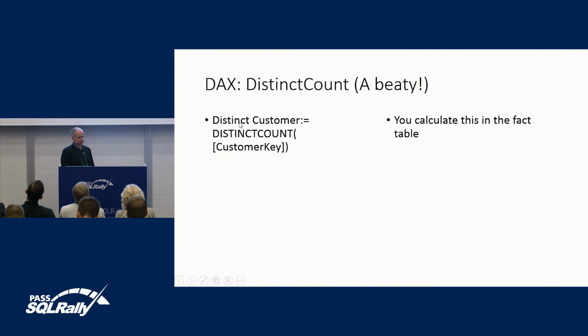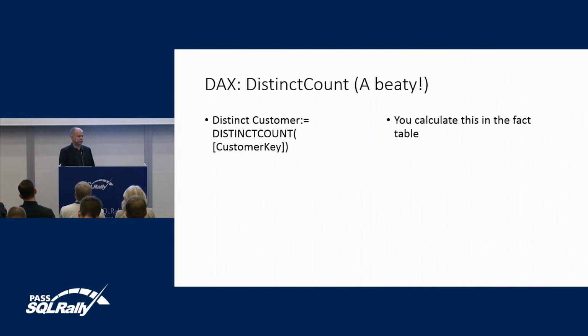And then the little beauty at the end here, the distinct count. If you want to see the distinct customer, you actually go down to the fact table. Since I'm in the fact table doing this calculation, I don't have to mention the fact table here. So I can actually just point to the customer key like this. And this is really easy. Yeah.